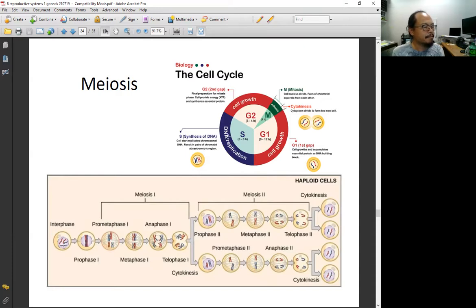and then the chromosome will be duplicated, and it will prepare for cell division. During meiosis, it will go through prophase, metaphase, telophase, right?